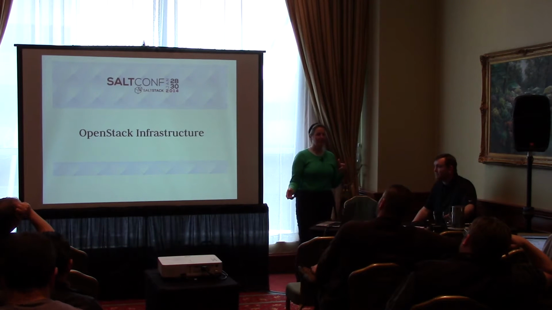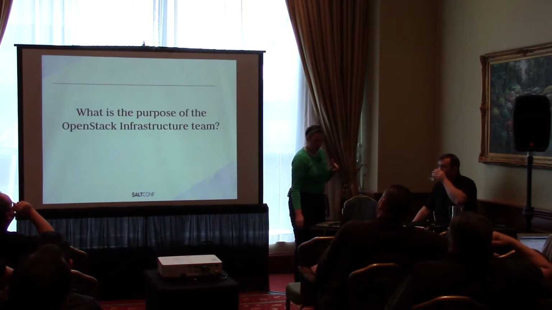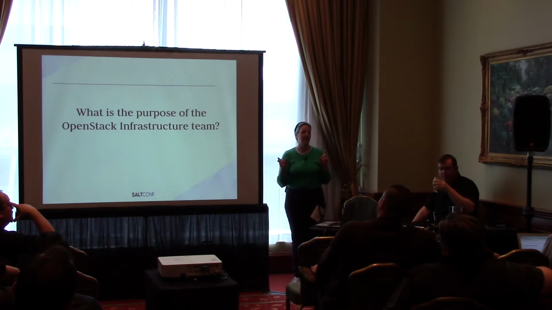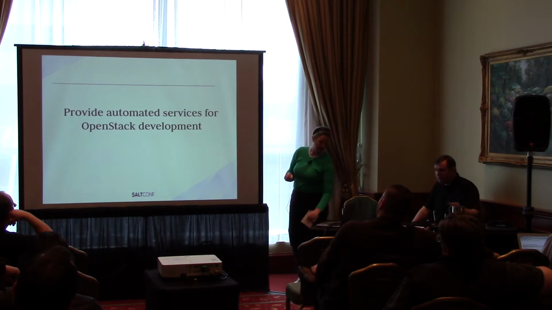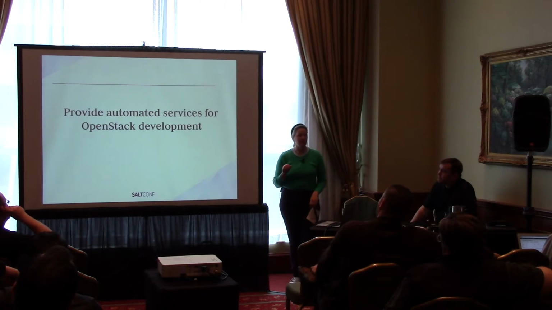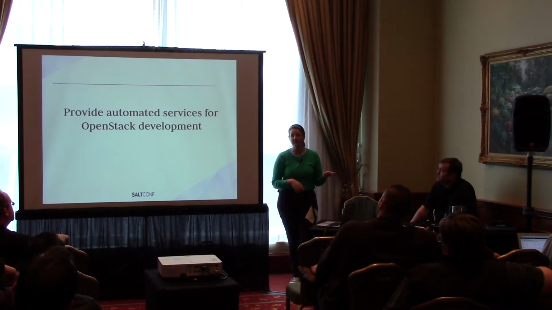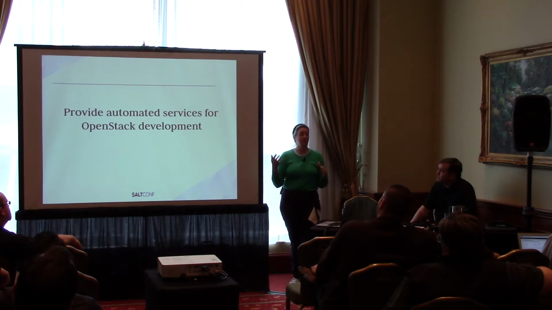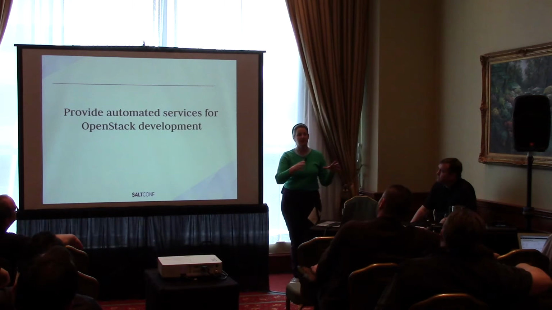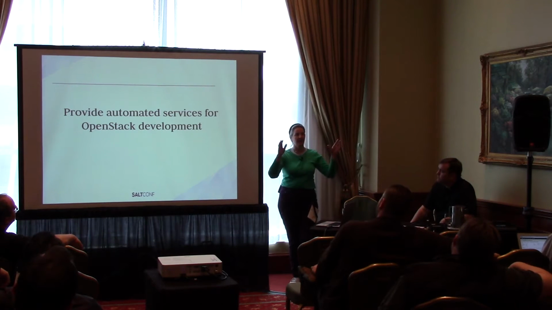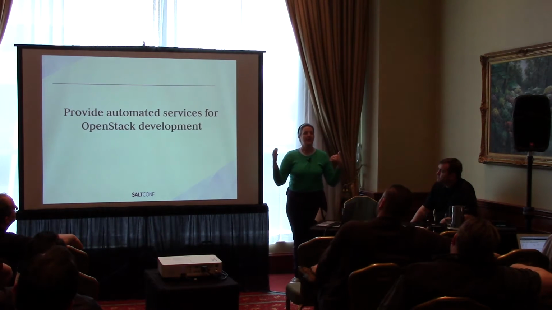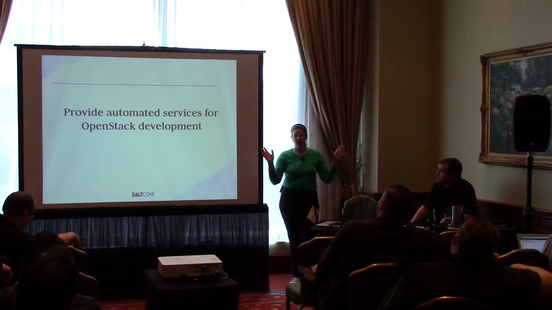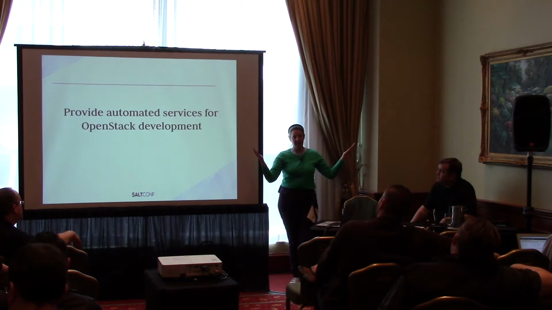So in terms of OpenStack infrastructure, the purpose of the OpenStack infrastructure team is providing automated service for OpenStack development. I was talking to somebody who also works with HP on the deployment side, setting up the HP cloud, which runs OpenStack underneath. He was saying that the word infrastructure to him means what it takes to deploy a cloud.